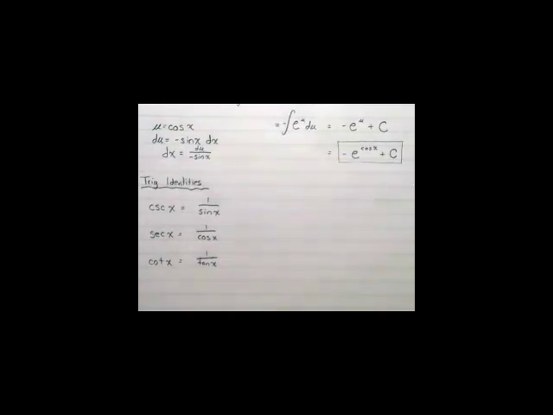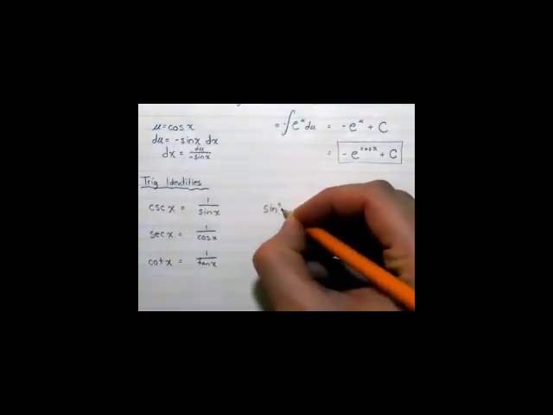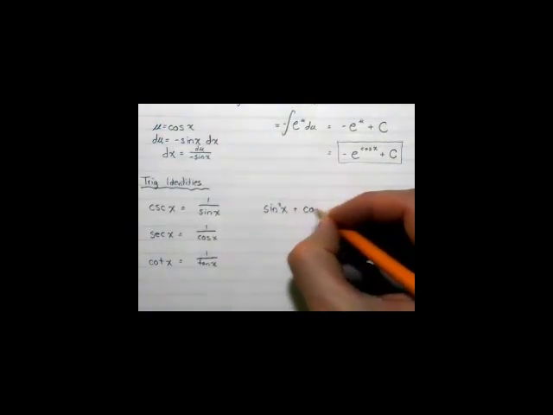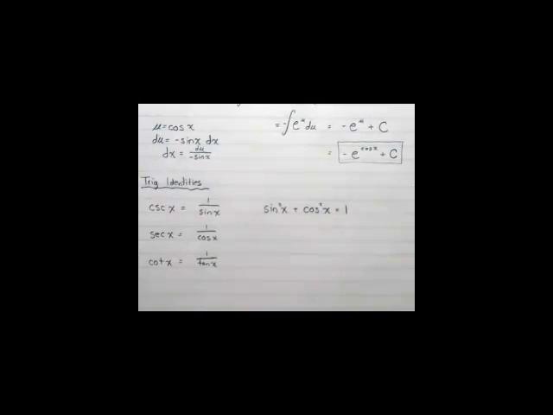Okay, so those three for sure. Those are your reciprocal identities. Then the Pythagorean identities. And this first one you've used quite already, but that one might come into play.